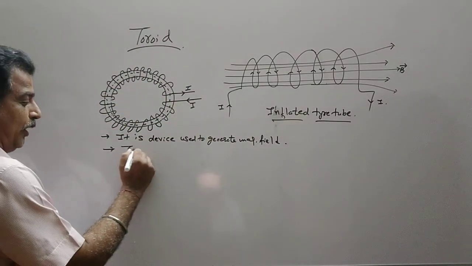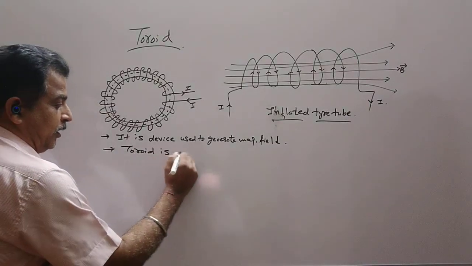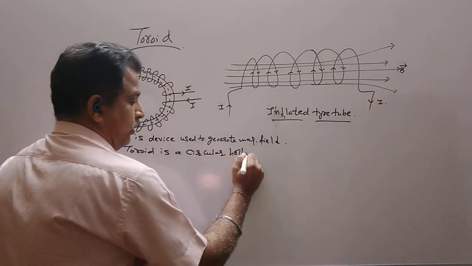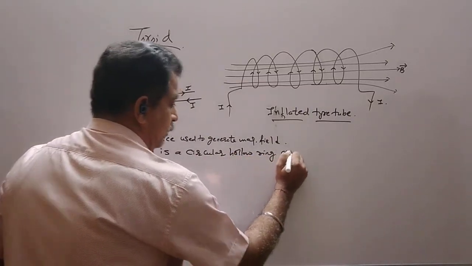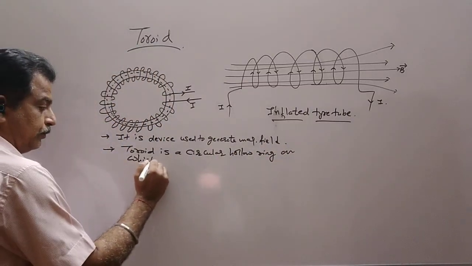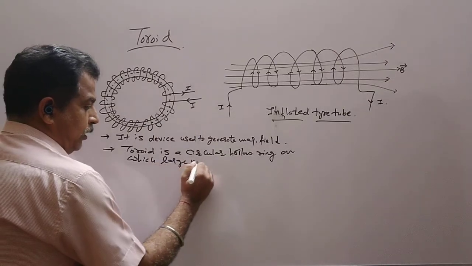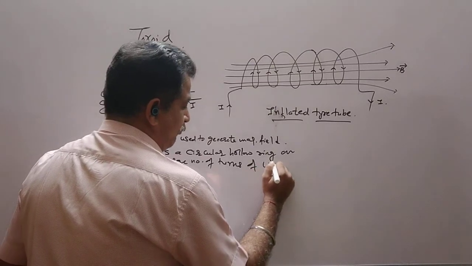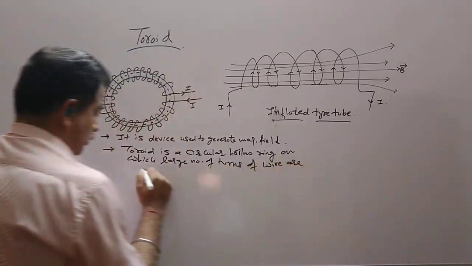So toroid is a circular hollow ring on which a large number of turns of wire are wound.